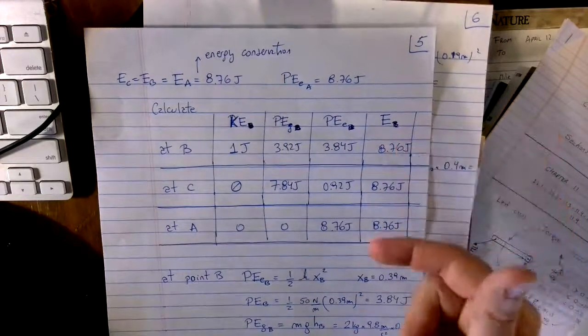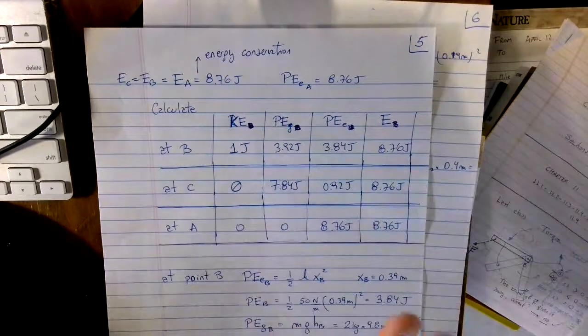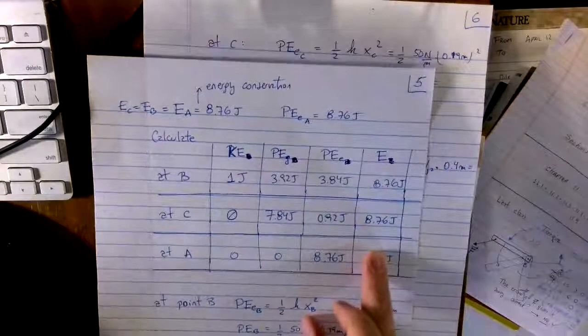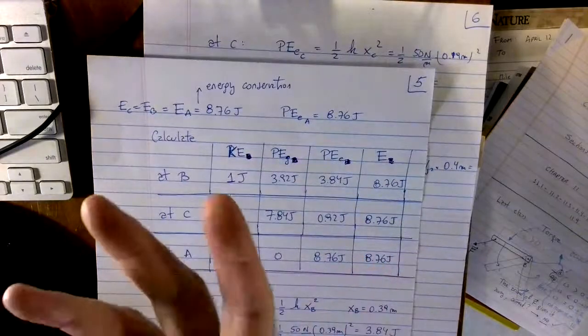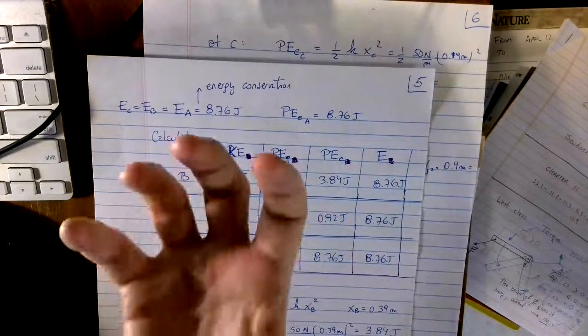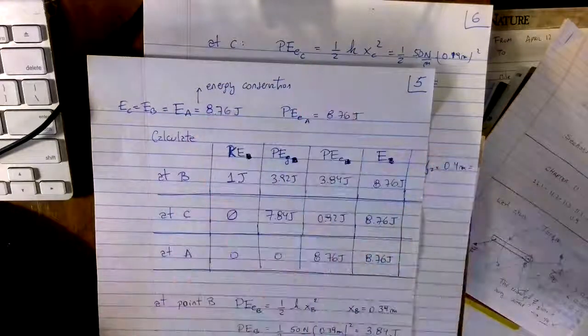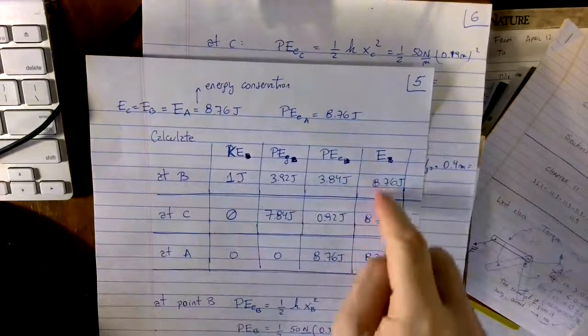In reality, this always happens. You will never have perfect conservation of energy, because there is always friction, and here we are neglecting friction with the air, and the spring also may have some dissipation. It's not perfectly elastic.